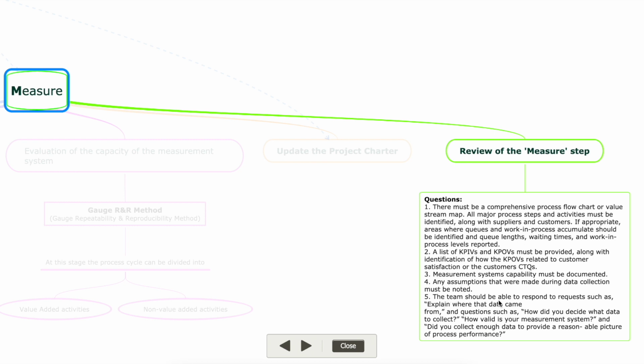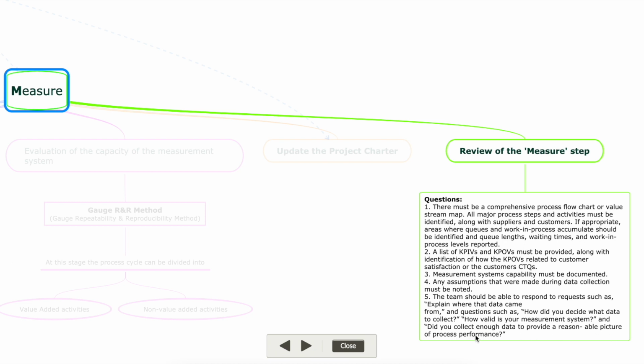The team should be able to respond to requests such as: explain where the data came from, and questions such as how did you decide what data to collect, how valid is your measurement system, and did you collect enough data to provide a reasonable picture of the process performance.